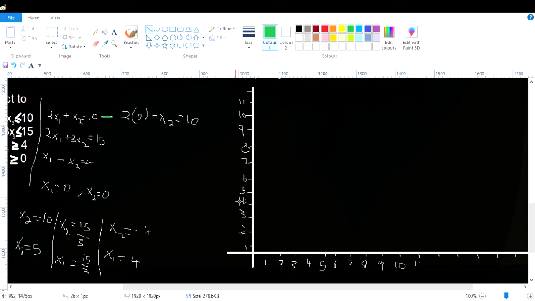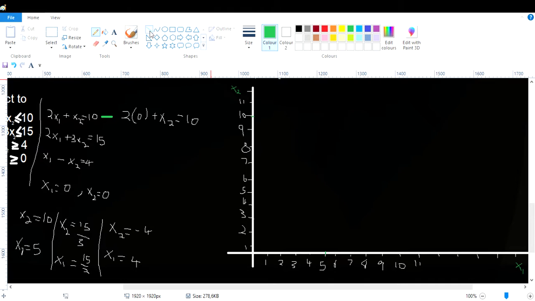So here is our first point. This is x sub 2, then here is x sub 1. Okay, so here is our first point. Then our second point is this one.